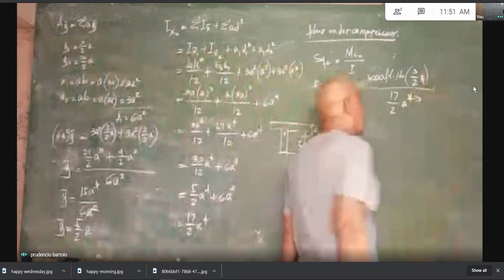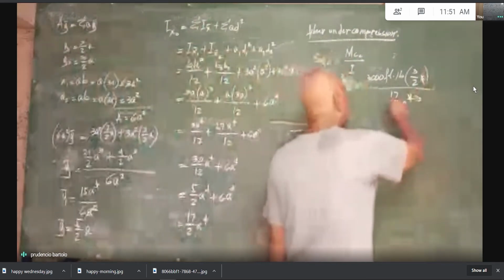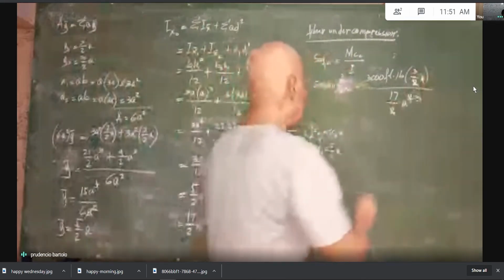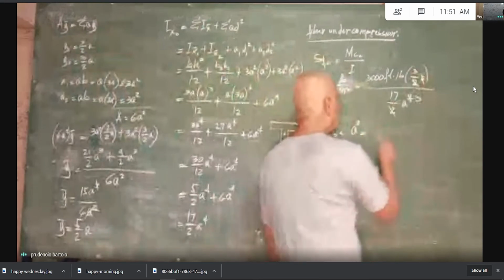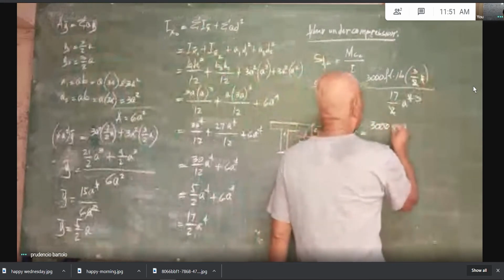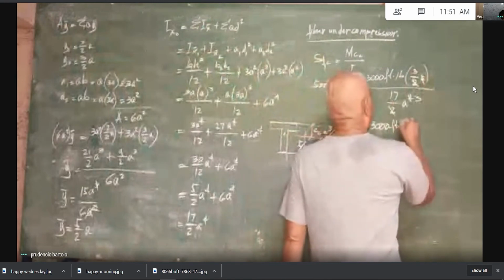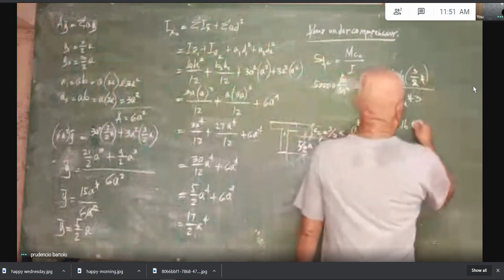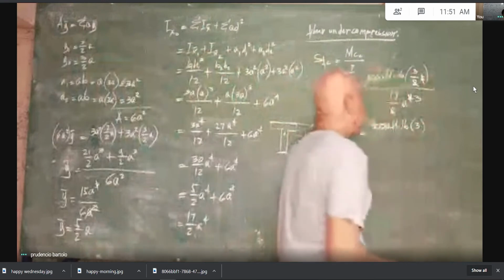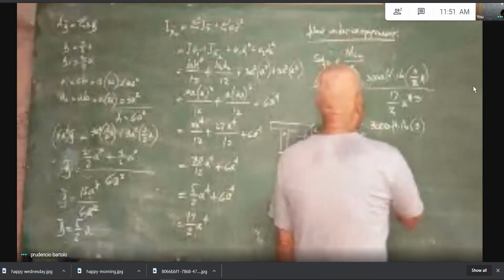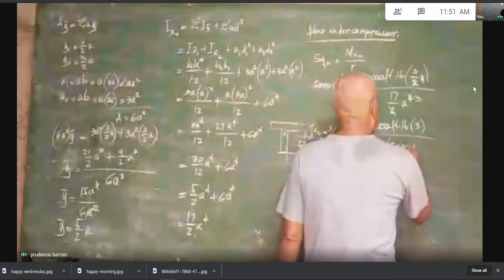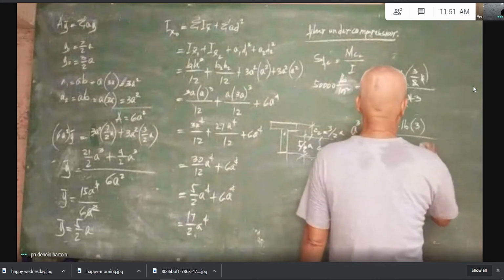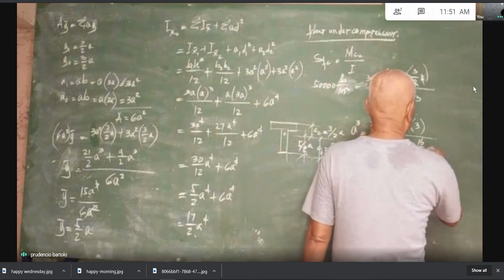That is Q. We can cancel out these two in there. So our A now, AQ, is equal to 3,000 foot-pound by 3, over 17 by 50,000 pounds per inch square.